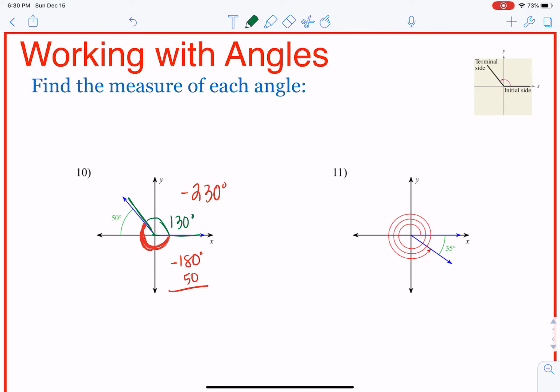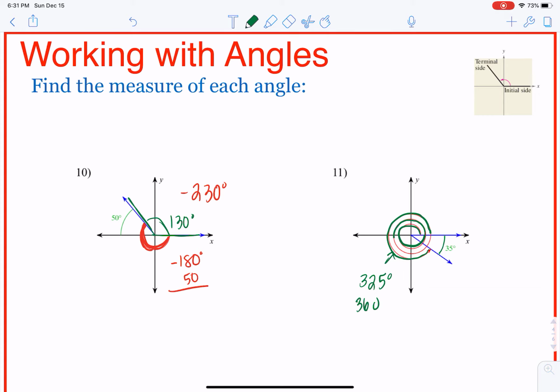Looking over here at number 11, it looks like if this is a measure of 35 degrees, then looking at my last run around the circle, we can take 360 and subtract 35 degrees from it. So this green bit right here will be 325 degrees. And it looks like I go around my circle once, so that's 360.